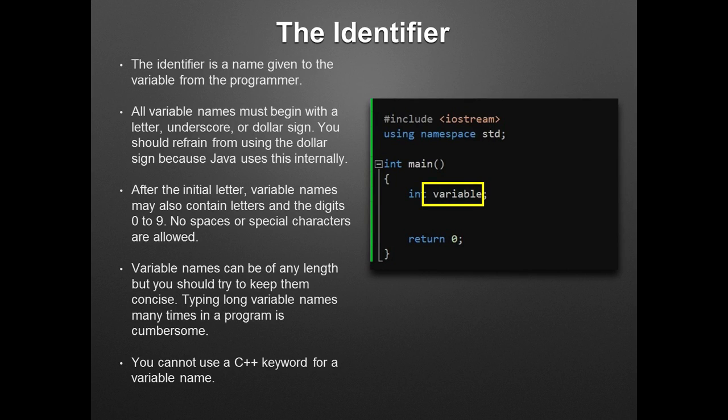On the other hand, you don't want to have a variable that's like X or something that's too short. Lastly, you cannot use a C++ keyword for a variable name. I believe there's a list that is posted, and you can refer to that to see what the C++ keywords are. It's also in chapter 1 of the textbook, so you can see what that looks like.